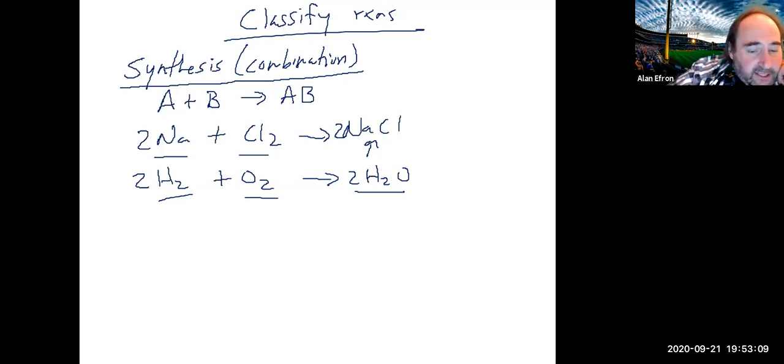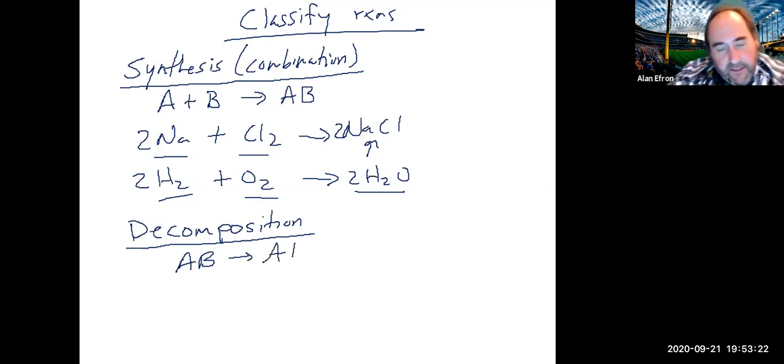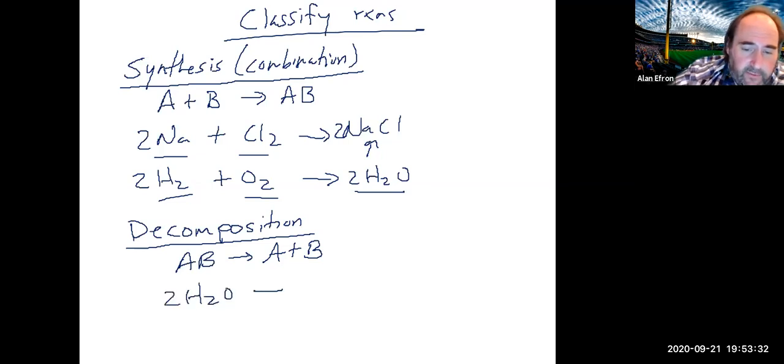Another classification, which is sort of the reverse of that, is what is known as a decomposition reaction. That is where you start with 1 thing and make 2 or more things. A synthesis or combination is putting it together, and a decomposition is breaking it apart. So if we took an electrical current and ran it through water, we would get hydrogen gas and oxygen gas.